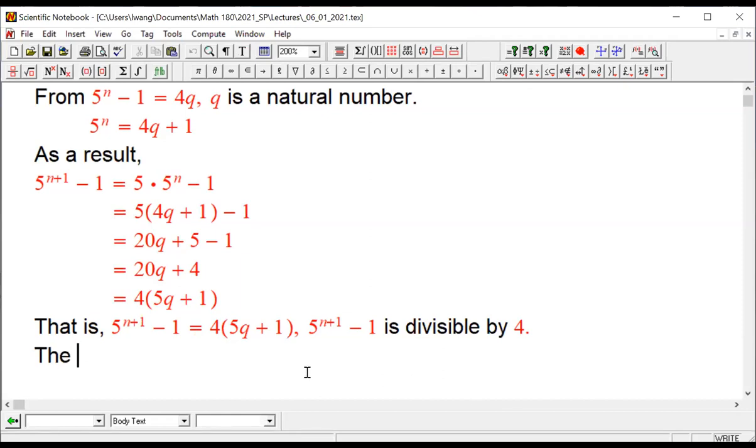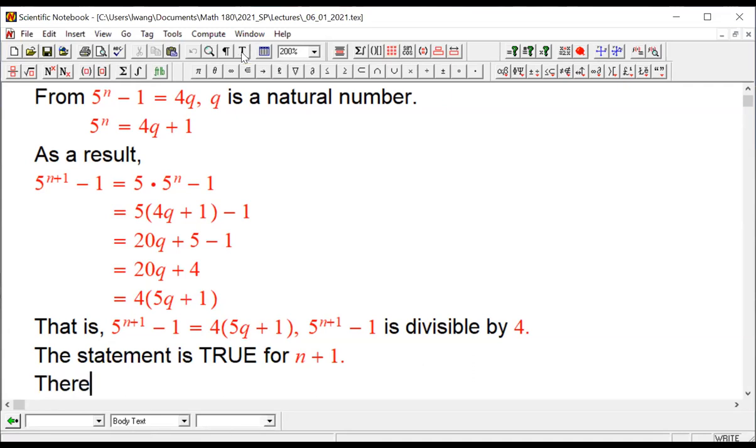So the statement is true for n plus 1. So once again, we completed the 3 steps, that journey of the 3 steps.